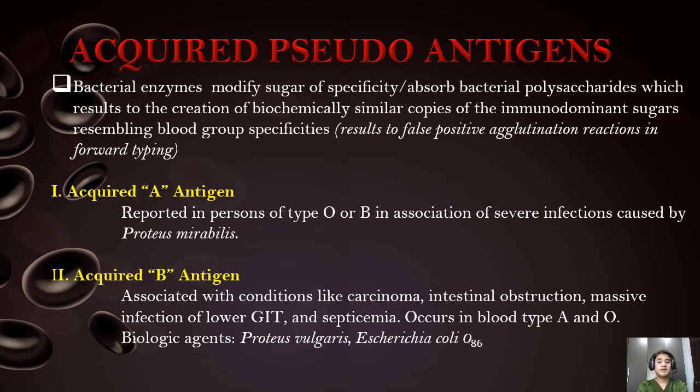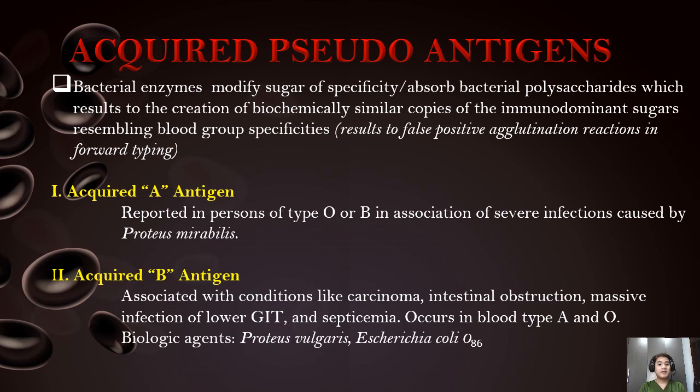Pseudoantigens, from the term itself, pseudo meaning false or a lie. These are particular substances of bacterial origin that biochemically resemble your red cell antigens, specifically your A and B antigens, as to their carbohydrate oligosaccharide chain structures, or the immunodominant sugars of A and B antigens.